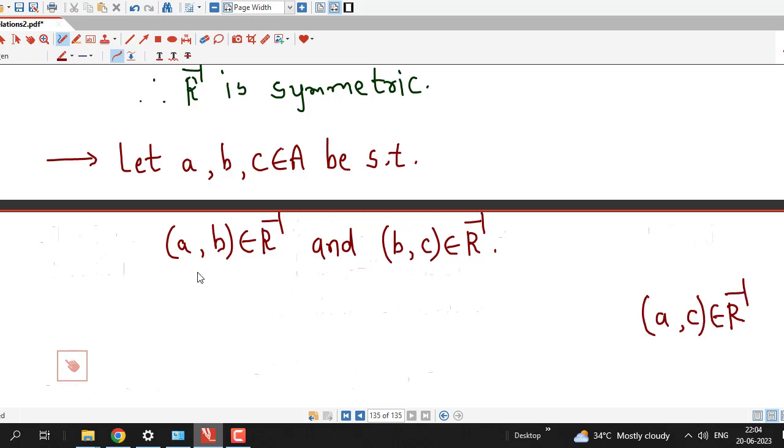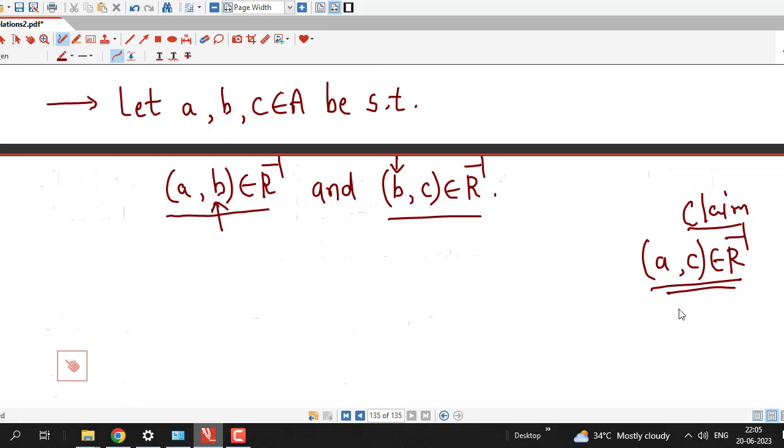If (A, B) belongs to R inverse and (B, C) belongs to R inverse implies (A, C) belongs to R inverse, then R inverse is transitive. So we assume that we have this type of ordered pairs such that the second component of this ordered pair is equal to the first component of this ordered pair, and if this happens, then we should prove that (A, C) belongs to R inverse.